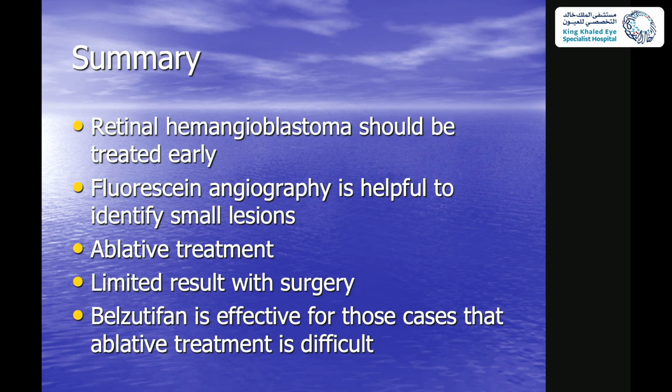There are challenges and complications related to surgery. For those patients where ablative therapy may not be as easily applied, belzutifan is probably effective in those cases. In addition, I think if you use belzutifan in combination with the ablative surgery, it may make the surgical outcome a little bit more effective.